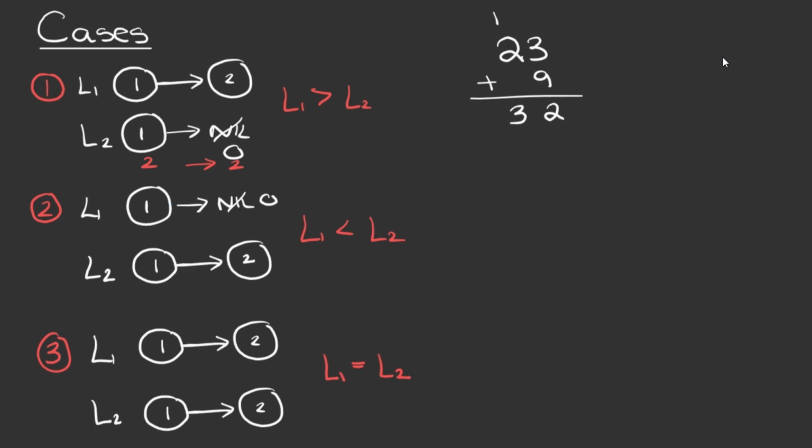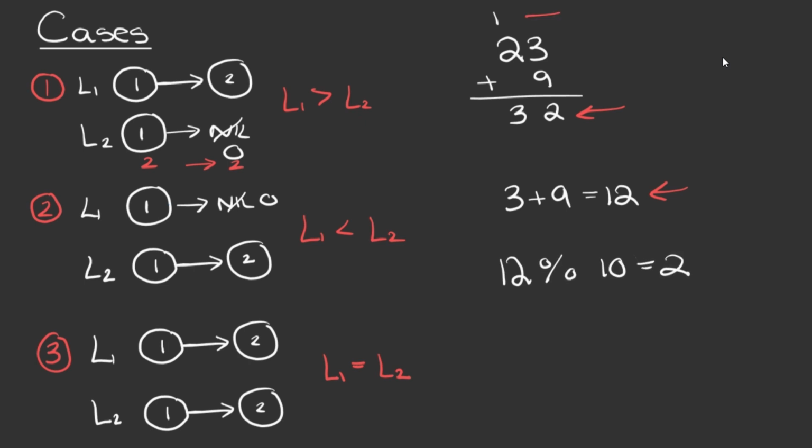The way we got the values when we did a carry are as follows. So we simply did 3 plus 9, which is 12. We always know that the value here is going to be the remainder mod 10 of this value. So really we have 12 mod 10, which is 2.